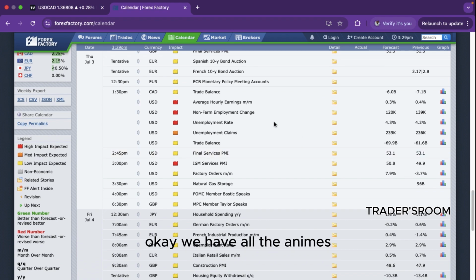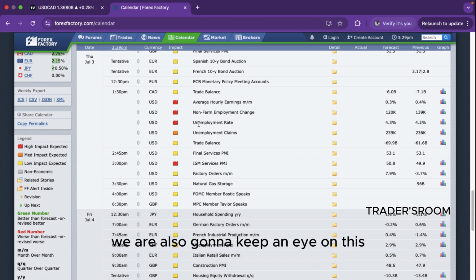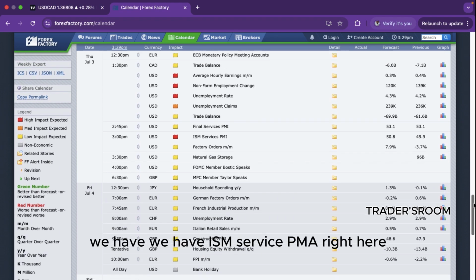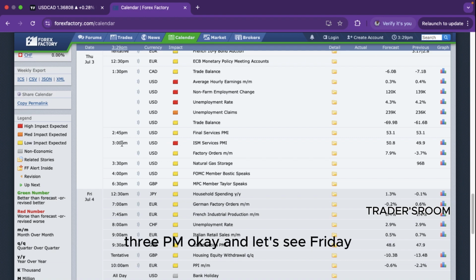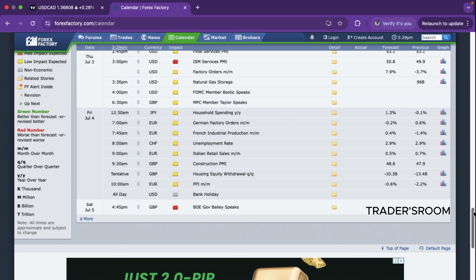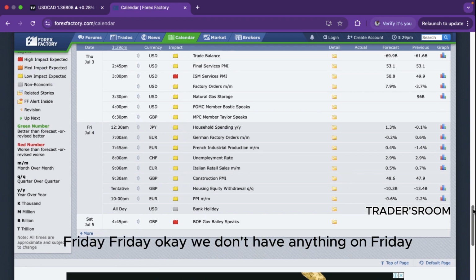Okay, we have hourly earnings, non-farm employment change, unemployment rate. We are also going to keep an eye on this. We have ISM services PMI right here, 3 p.m. Okay, and let's see Friday. Okay, we don't have anything on Friday.